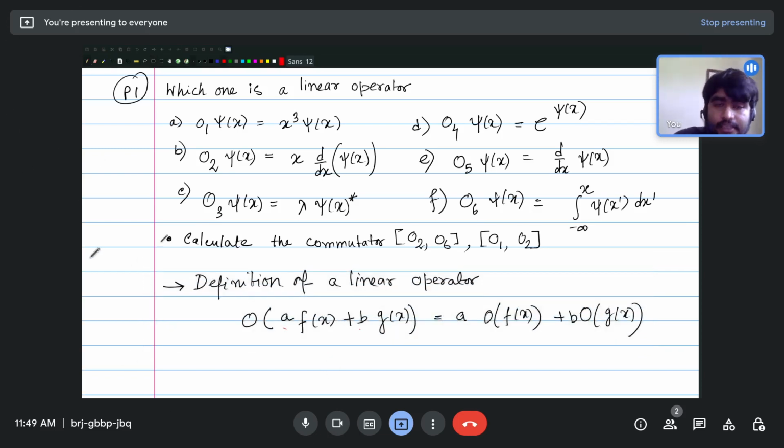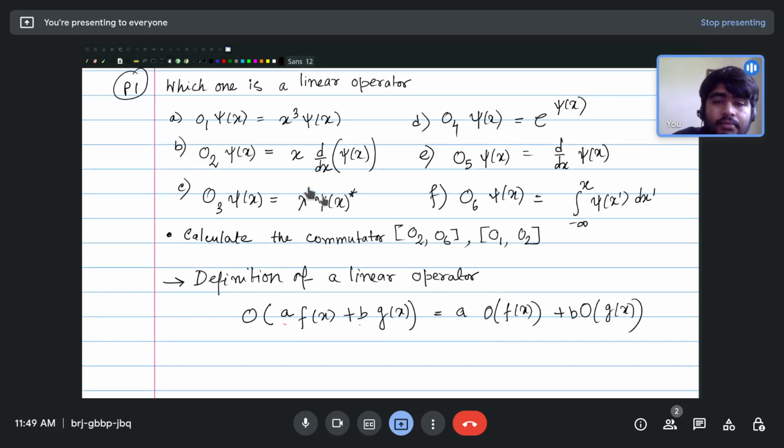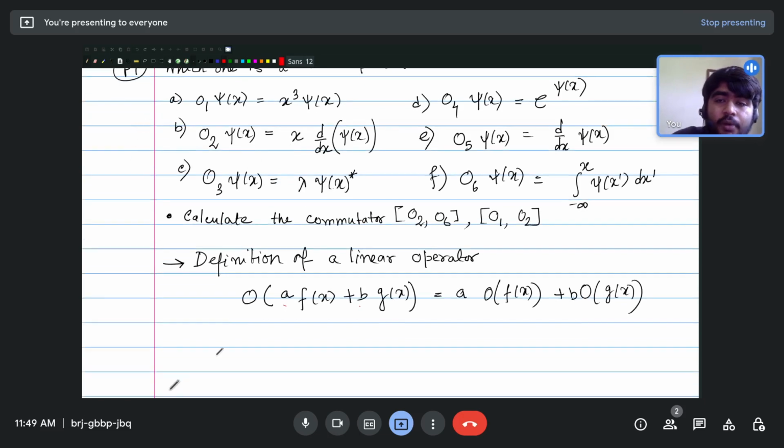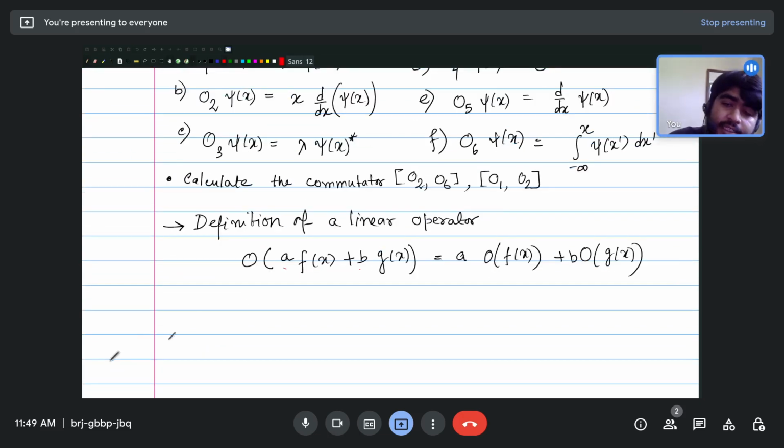First, let's have a look at some of these. Let me solve problem B. I'll take this O2 and act it on a linear combination of chi, a chi 1 plus b chi 2.